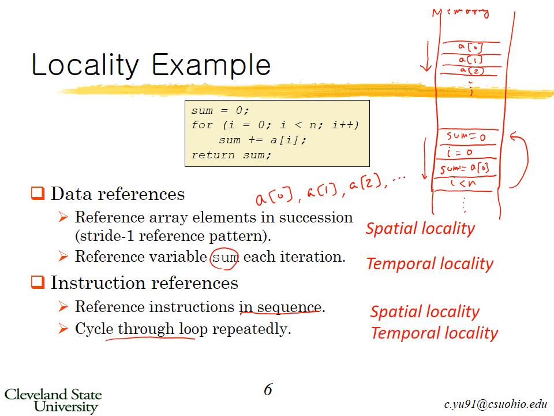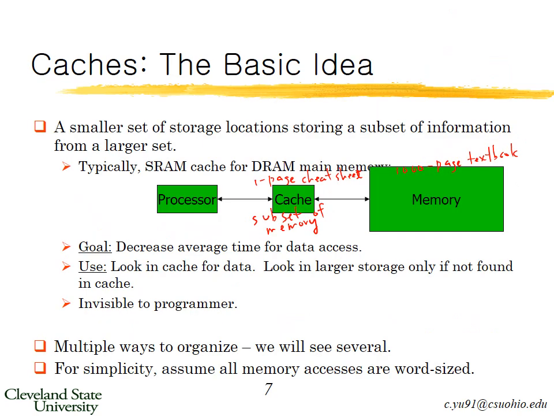Also, this is a for loop, which means that the same instruction is going to be referenced again and again. So that's again temporal locality. Because of this principle of locality, a small-size cache can be very effective in terms of filling the gap.